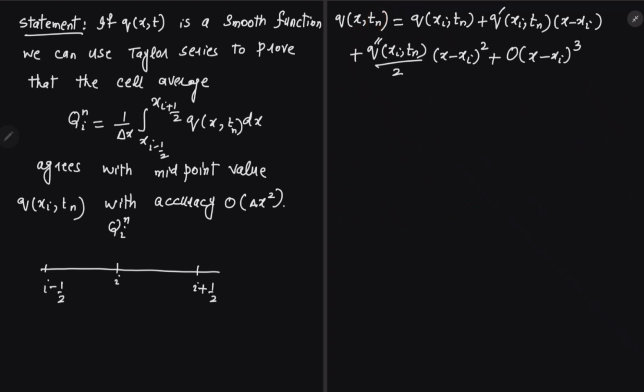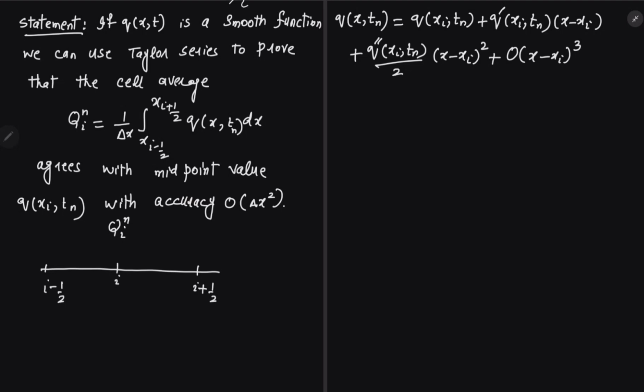So what we do, we just integrate that, since in our question we have to integrate over q(x, t_n) at the midpoint x_i over C_i, which is the cell.